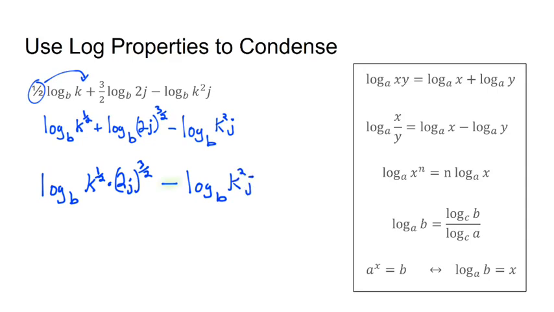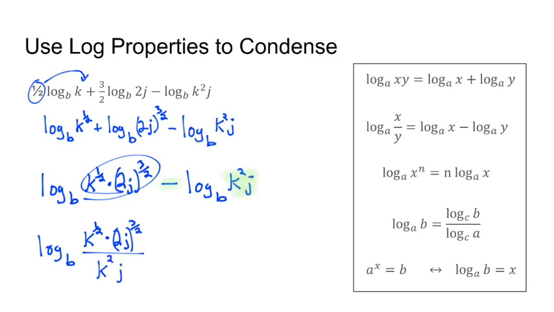Now, because of the subtraction, this part over here is going to be in the quotient, or I should say it's going to be in the denominator. So we have log base b. I'm going to recopy all of this stuff, and that's going to be over k squared j.